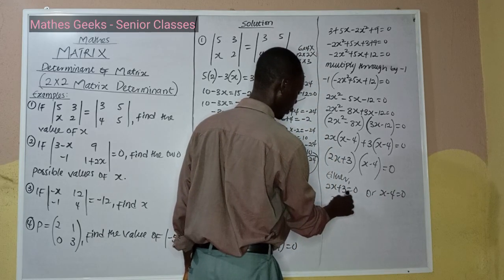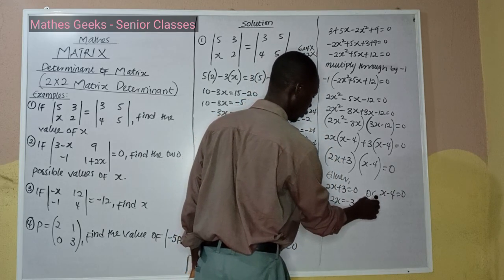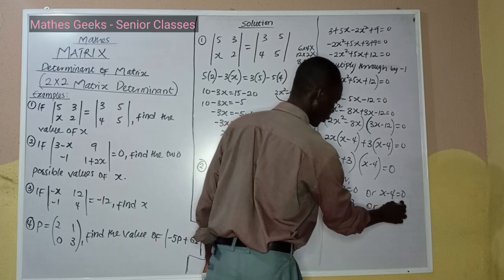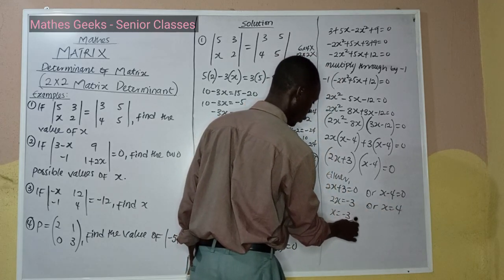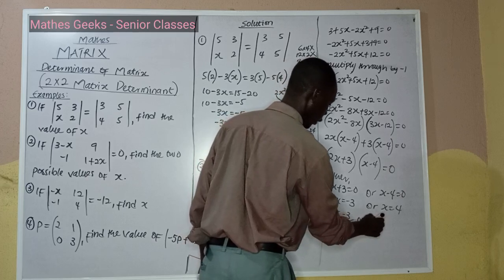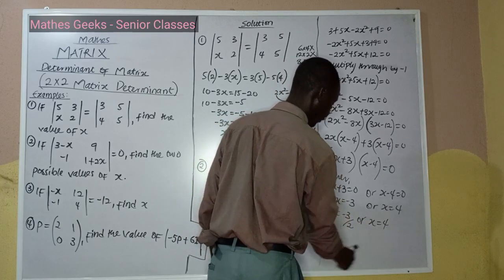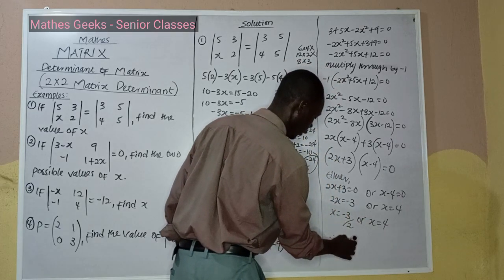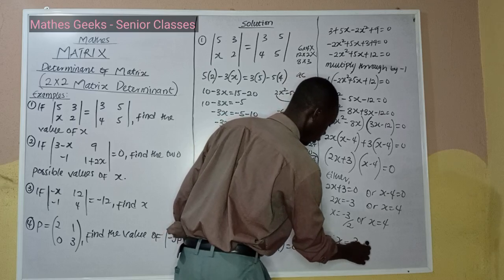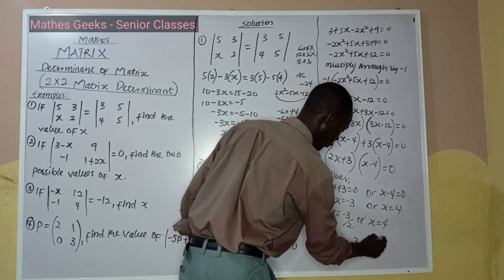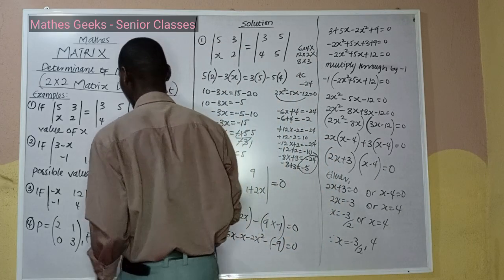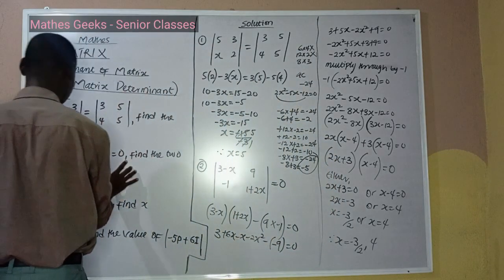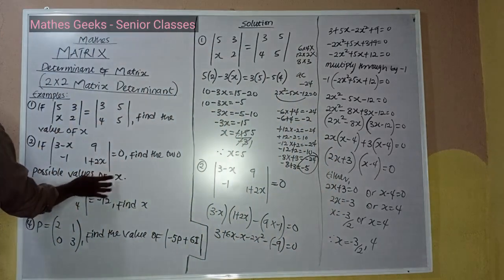So 2x is equal to minus 3, or x equals 4. And x is equal to minus 3 over 2, or x is equal to 4. Therefore, x is equal to minus 3 over 2, comma 4. So these are the two possible values for this question.